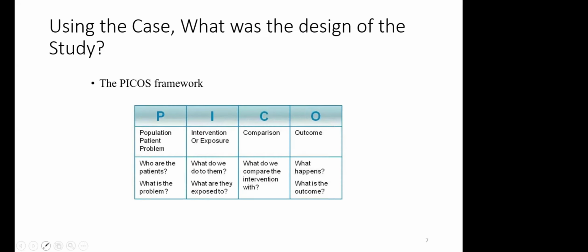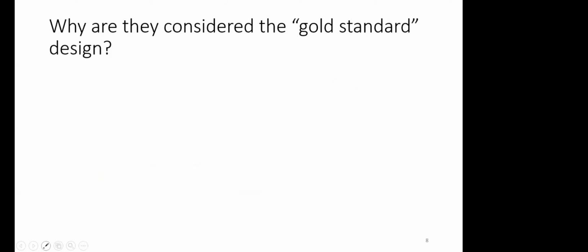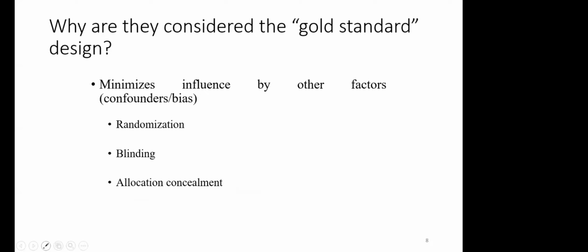Okay, so thanks so much for your responses. We can now proceed. So randomized controlled trials are considered the gold standard because of, number one, the fact that they minimize influence by other factors, which could be confounding variables or just various types of bias.